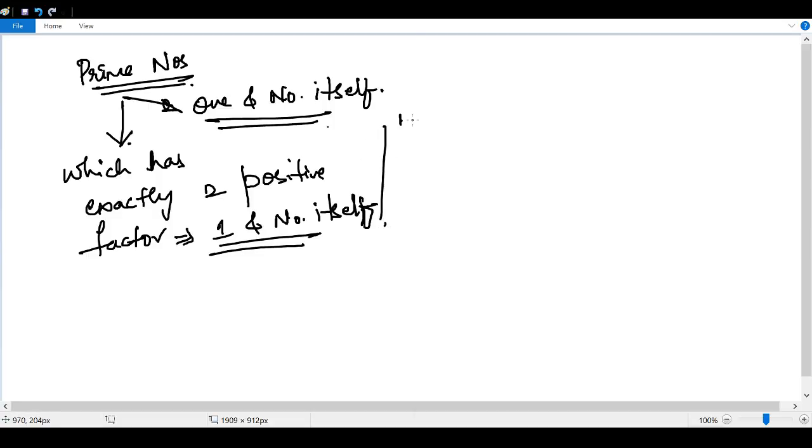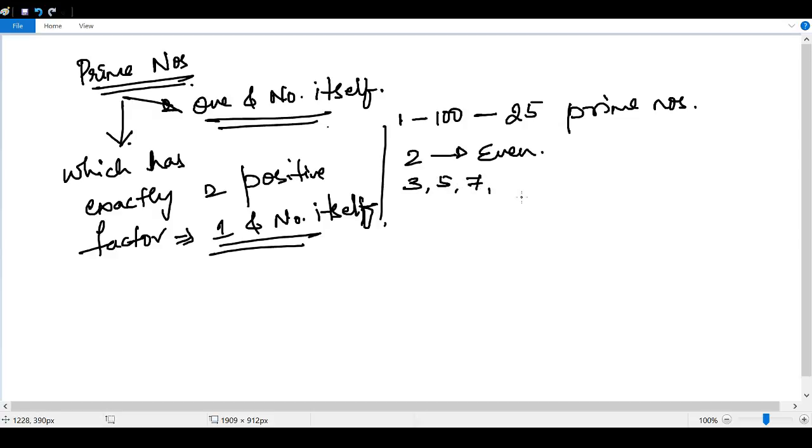Between 1 to 100, we have 25 prime numbers. Now please understand, prime numbers begin from 2. 2 is the only prime number which is even, and the rest of the prime numbers are typically odd.